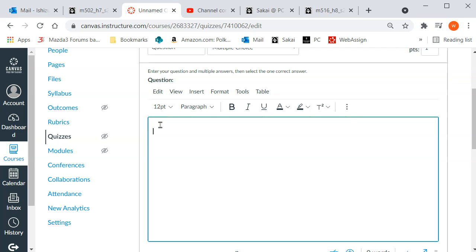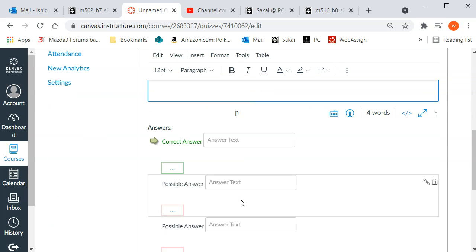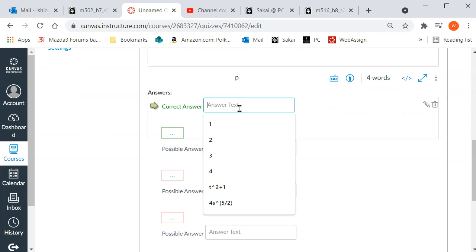You can say, choose prime number or something like that. Then choices are correct number, so maybe it's 2.